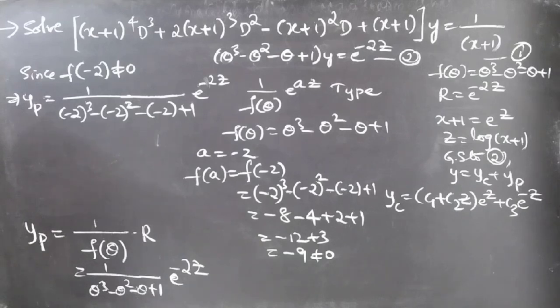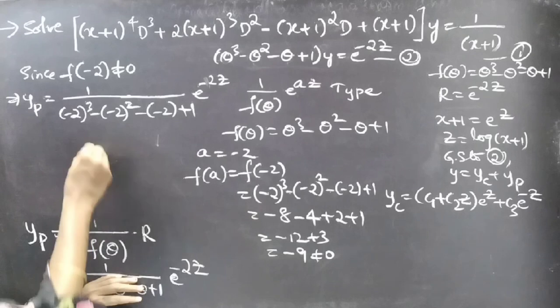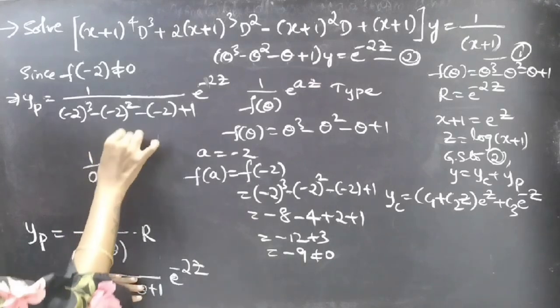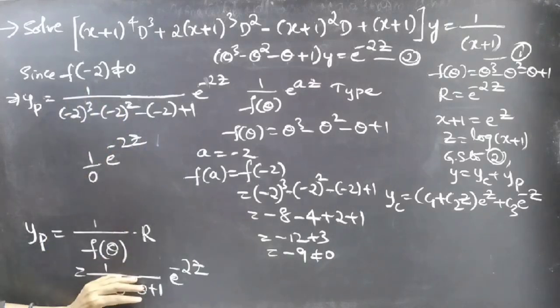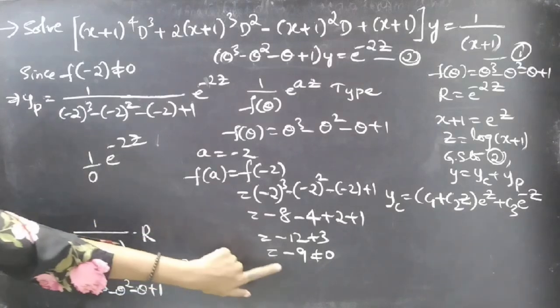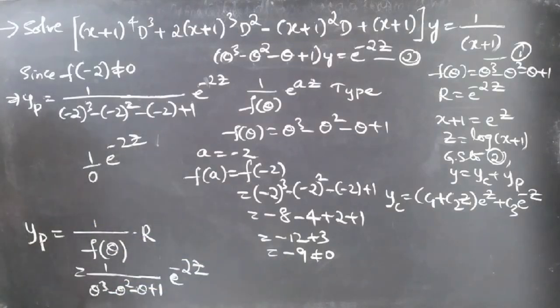If f of minus 2 were 0, then 1 by 0 into e power minus 2z becomes undefined. But in our case f of minus 2 is non-zero, so we can just replace theta by minus 2.